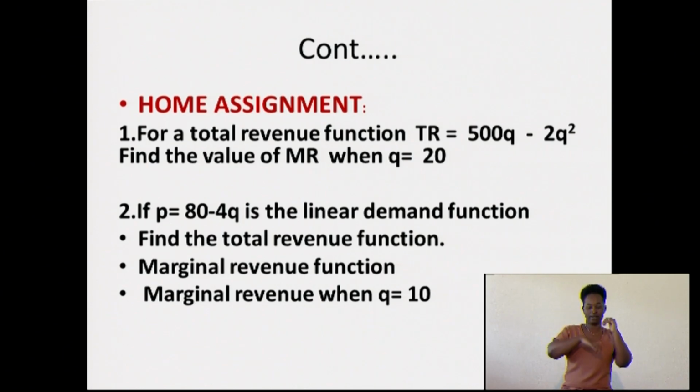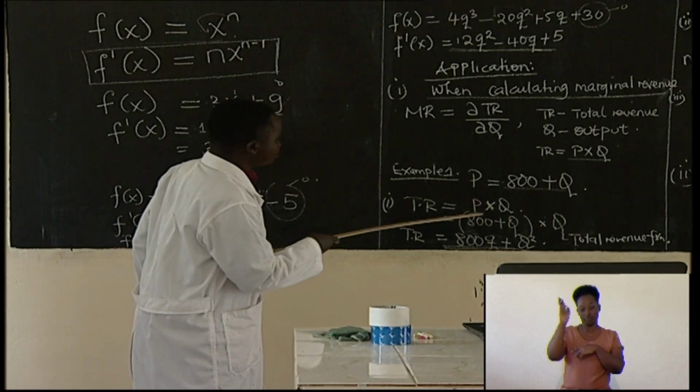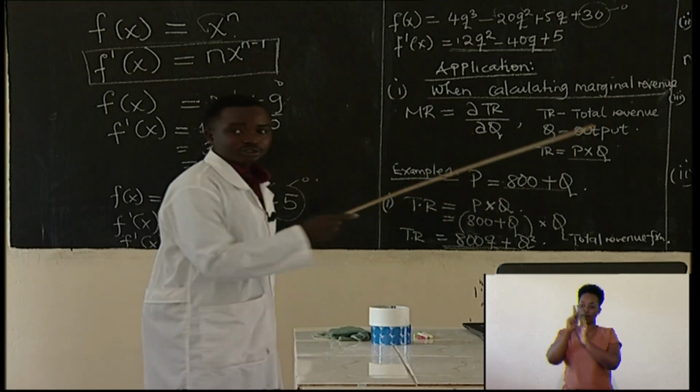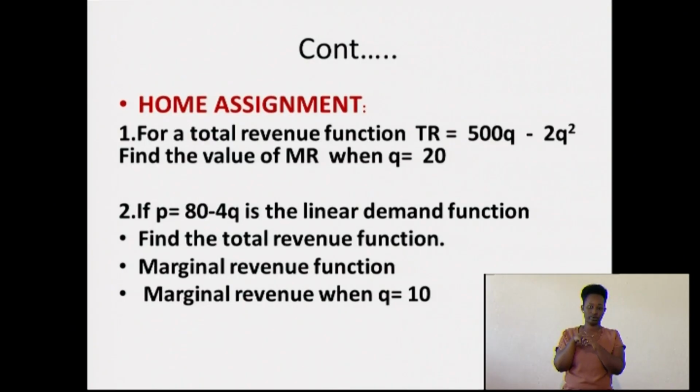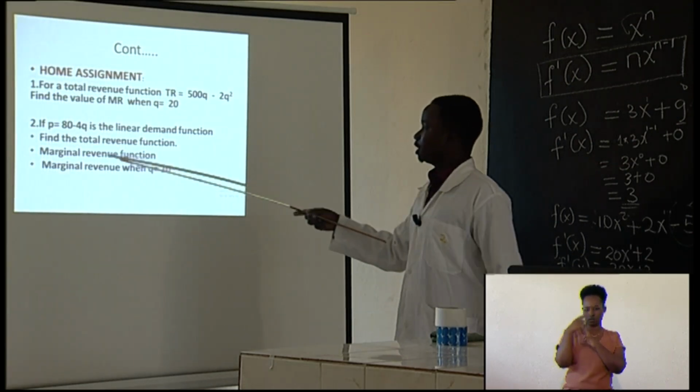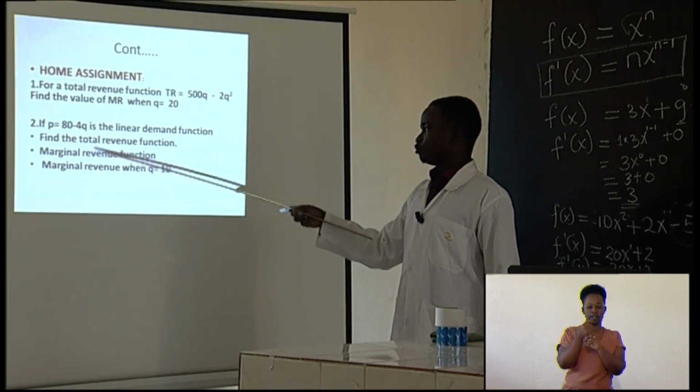Remember, total revenue is price times output. So you multiply by Q, which is output. After getting that, you differentiate the total revenue function with respect to output, then you will get the marginal revenue function.